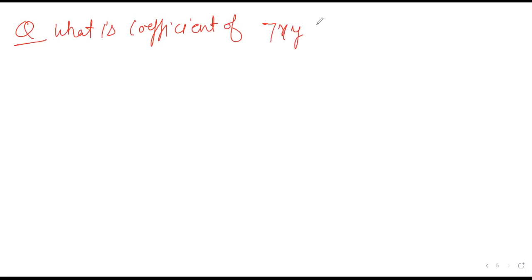One more question I will take. What is the coefficient of minus 7xy square z square? What is the coefficient of this one? Means it is talking about simply coefficient. The answer will be minus 7.